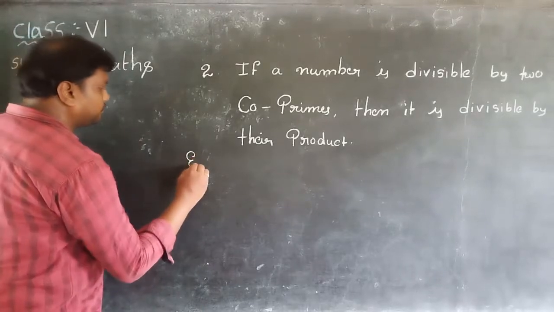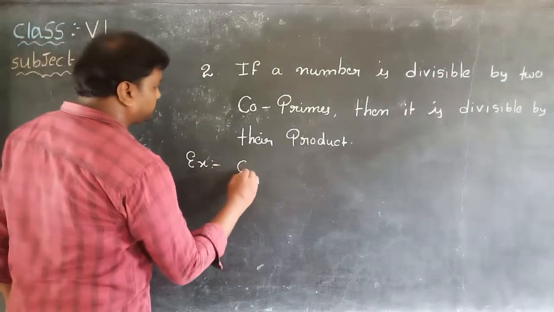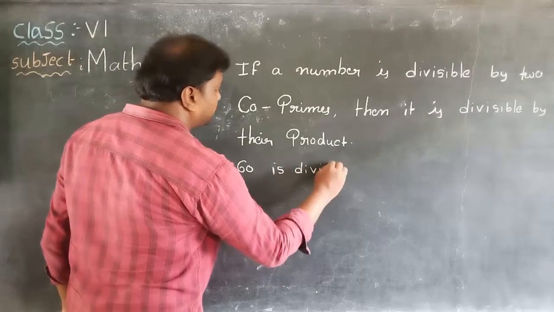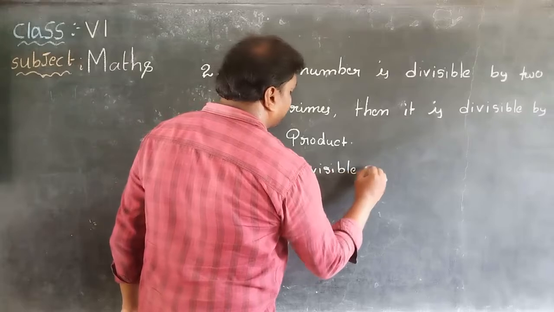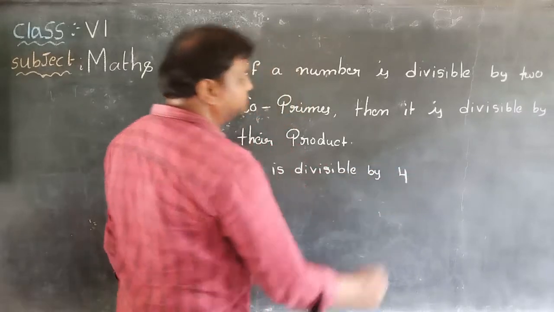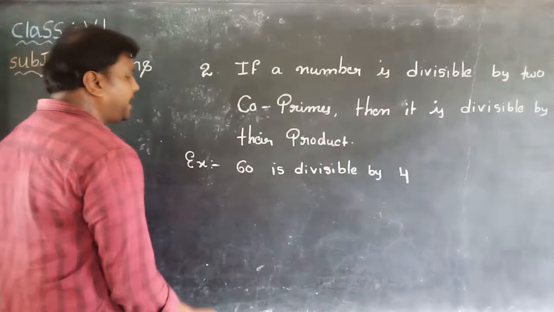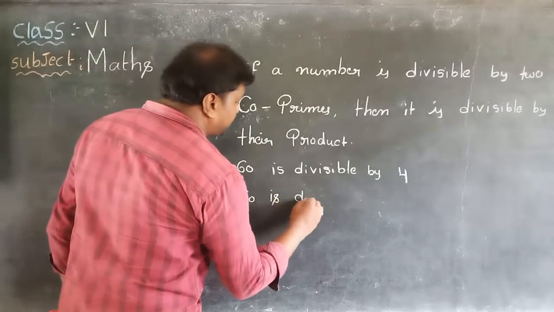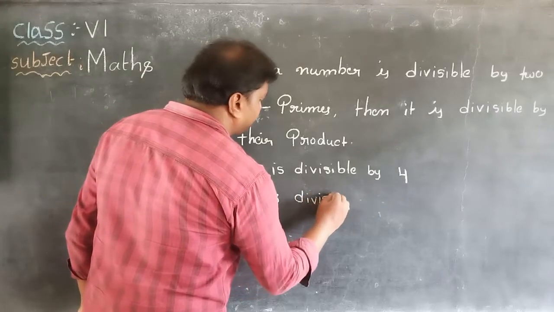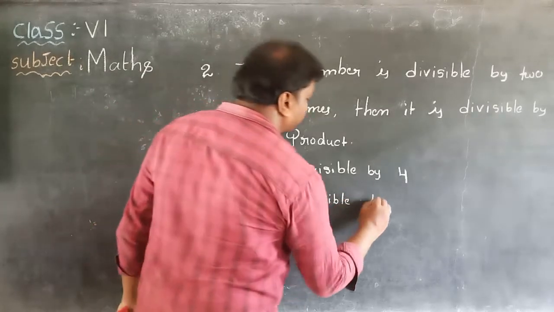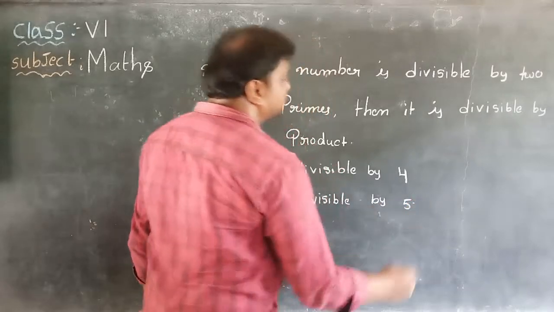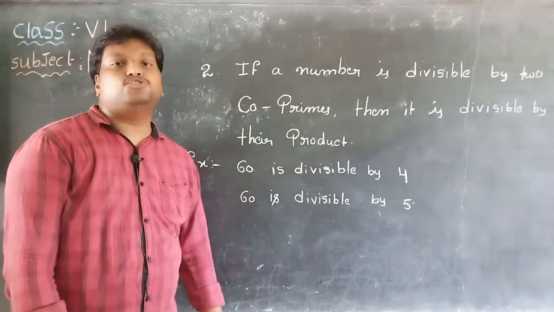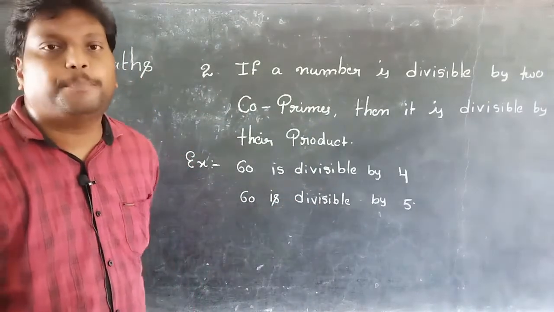60. 60 is divisible by 4, and 60 is divisible by 5. These two are co-primes. What is the meaning of co-primes?